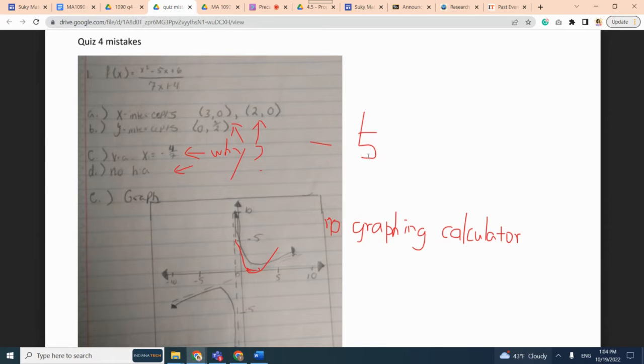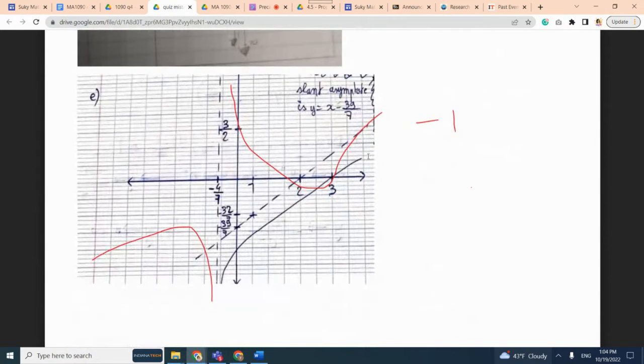And remember in the exam, no graphing calculator. So that's why you need to label the important points and sketch the graph. Okay. Show all your work. So here, it passes through this number, passes through those two numbers, and then goes up. Okay, and here like that.